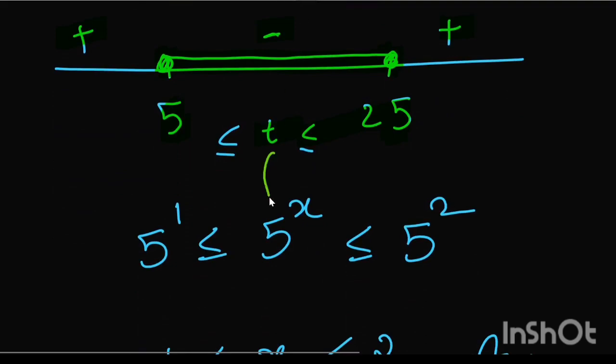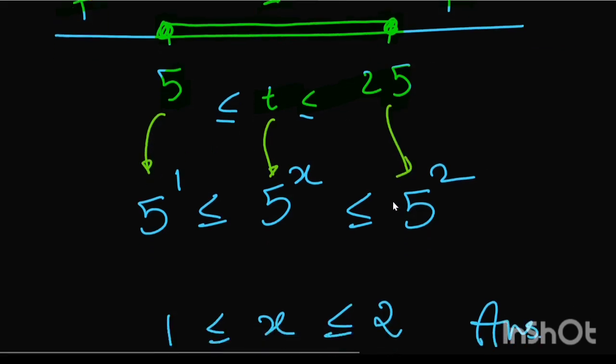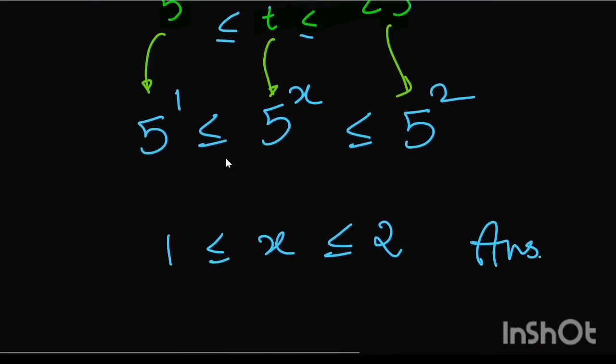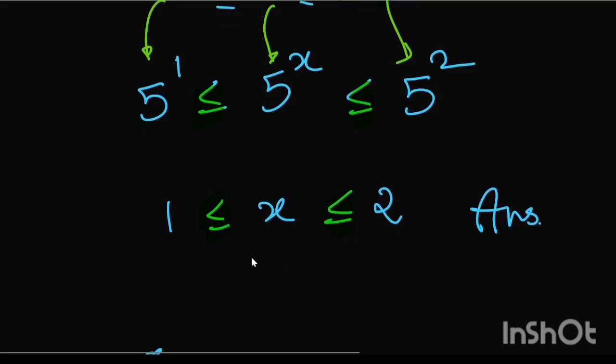So t is resubstituted as 5 to the power x, with 5 written like this and 25 as 5 squared. Since the base is greater than 1, the sign won't change, we remove the 5, so x is between 1 and 2, both included. That's the answer.